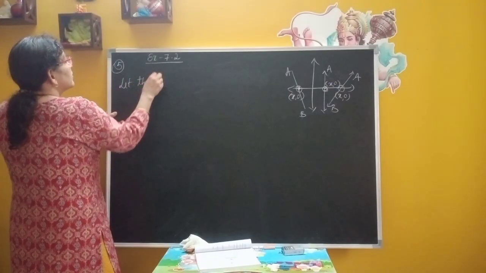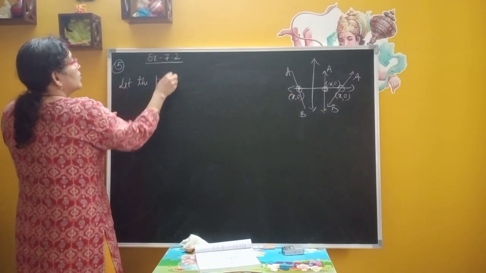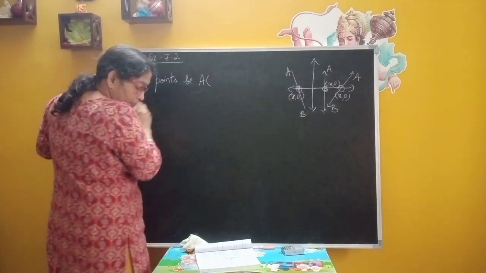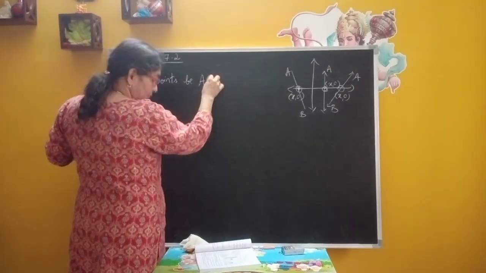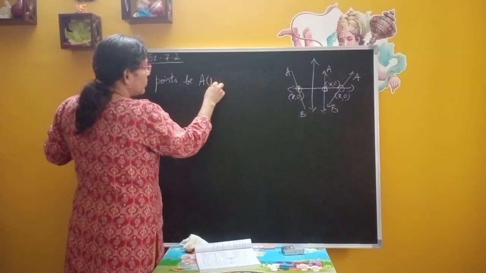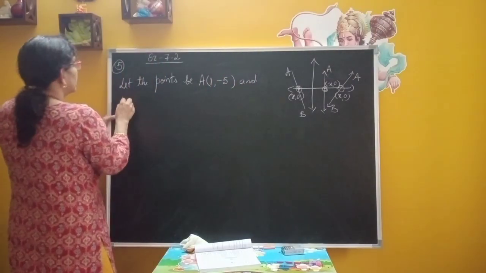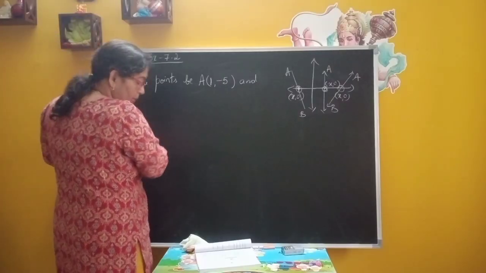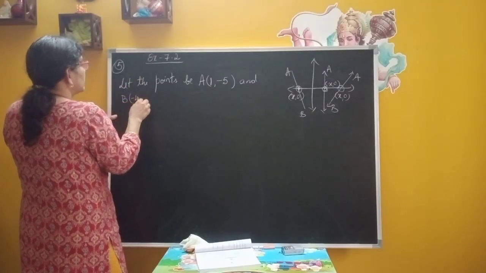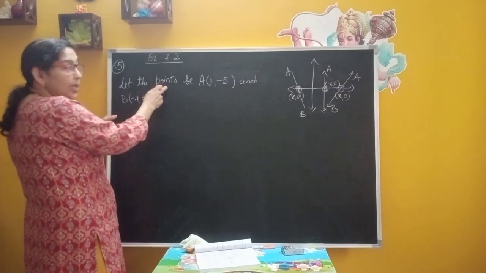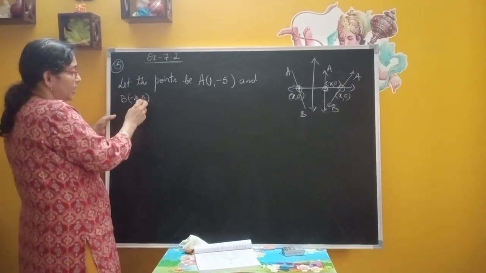Let the points be A(1, -5) and B(-4, 5). These are the endpoints of the line.